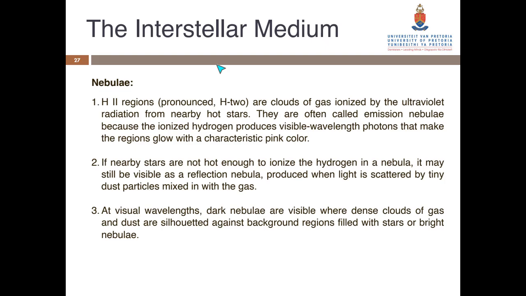If nearby stars are not hot enough to ionize the hydrogen in the nebula, it may still be visible as a reflection nebula, produced when light is scattered by tiny dust particles mixed in with the gas. At visual wavelengths, dark nebula are visible where dense clouds of gas and dust are silhouetted against background regions filled with stars or bright nebula.